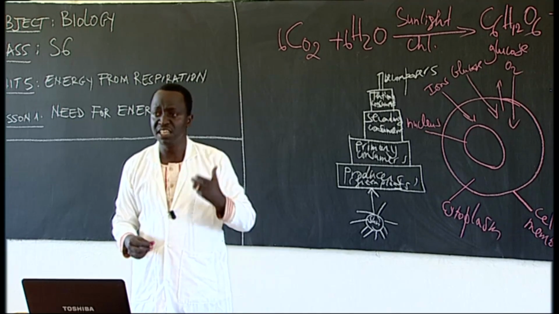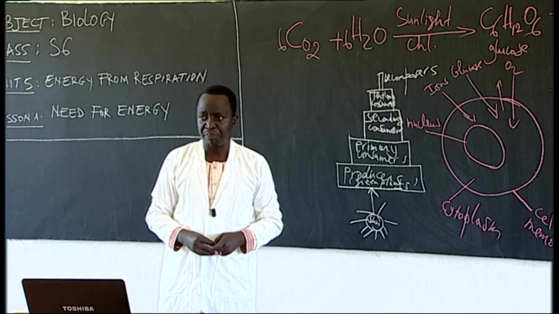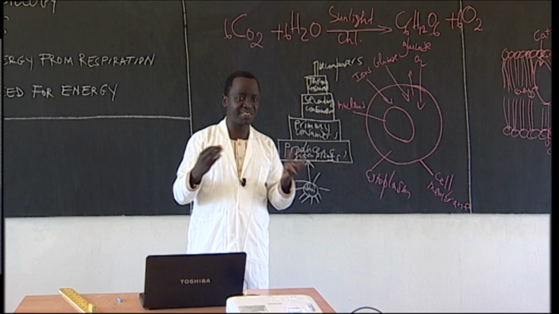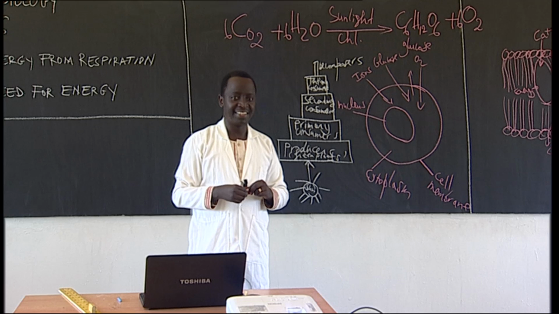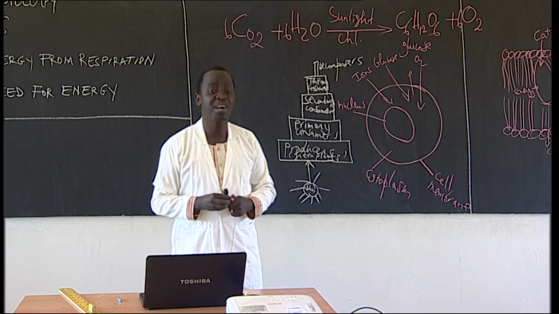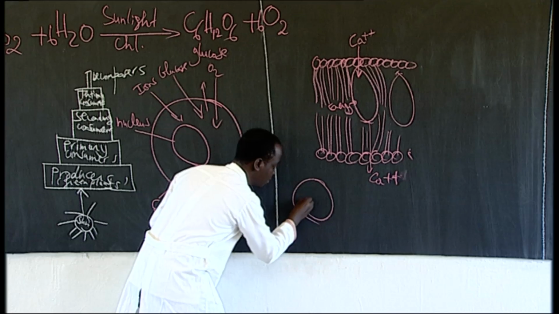Also, energy is needed to maintain and repair, for cell division, and for other organelles to multiply. When cells divide, you remember the process by which cells divide? Oh, by mitosis, by meiosis. Suppose you have the cell here. This is our cell.